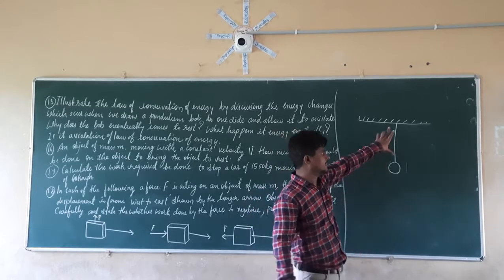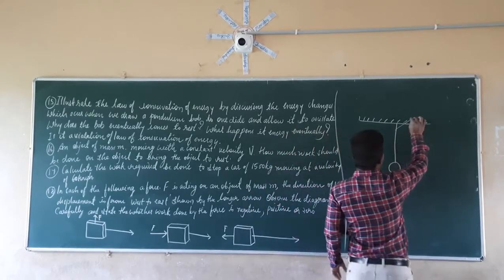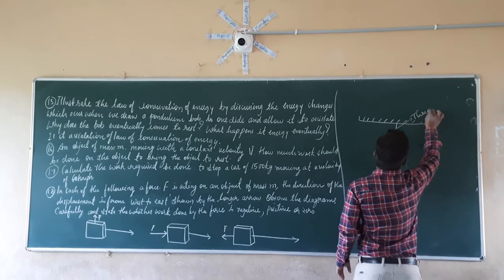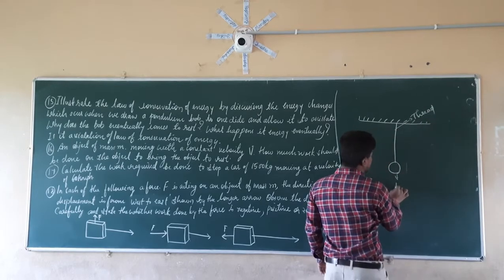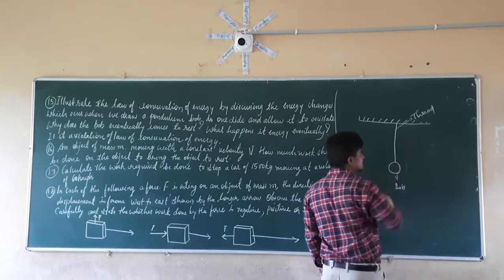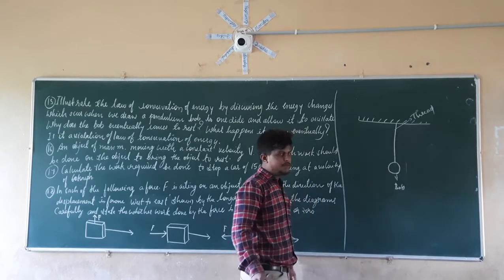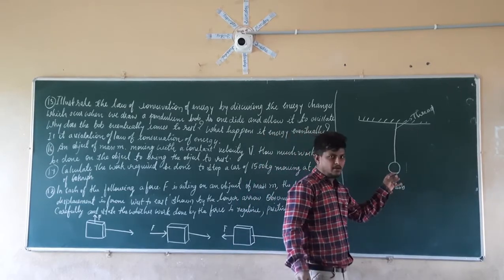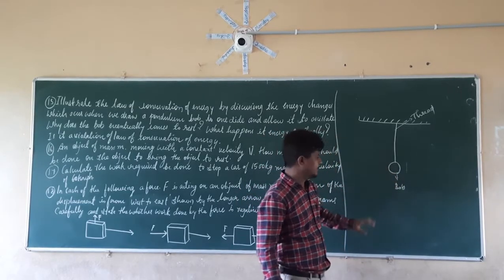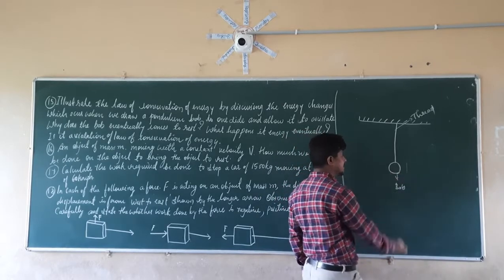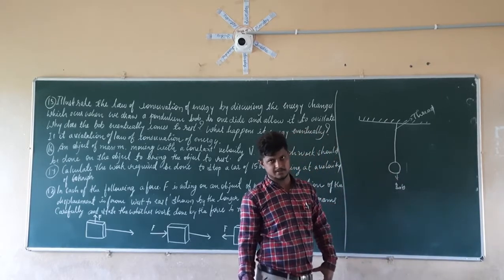So we are going to have a thread here. On that thread, we are connecting a bob, and it is a rigid support. Now we already know that it doesn't have any energy at rest, but if it is kept at some height from the ground, it has some potential energy.